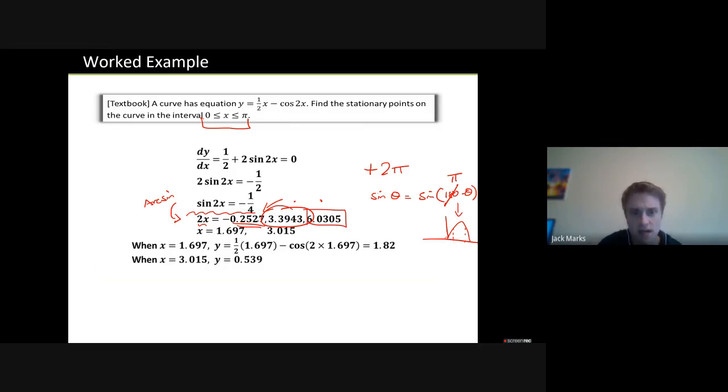So we get these values here. We know the negative is no good because it doesn't fall in there. But what we do is we divide both of these by 2, okay? And then we find that they are, in fact, inside that range there. These are your two x values. Plug your x values back into the original equation to get your corresponding y values and make sure that they clearly link to each other.